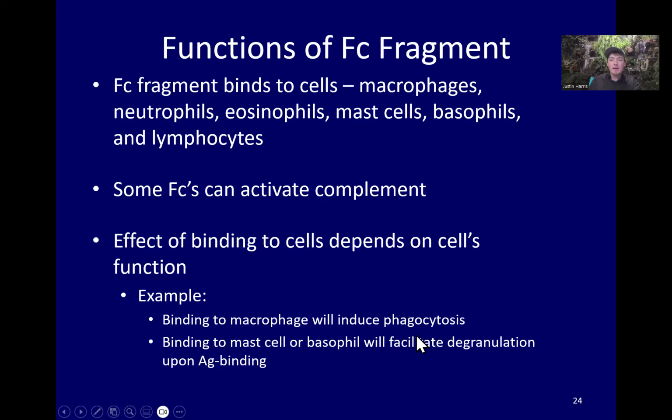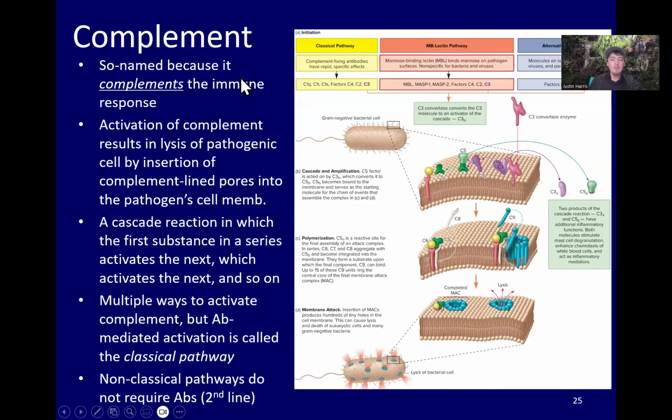So we talked about that Fc region and how it can be bound by the macrophage to help with phagocytosis. And then we talked about the complement system. I would highly encourage you to look up an animation of the complement system because it is highly complex, and it's essentially all of these proteins coming together in a very systematic way.